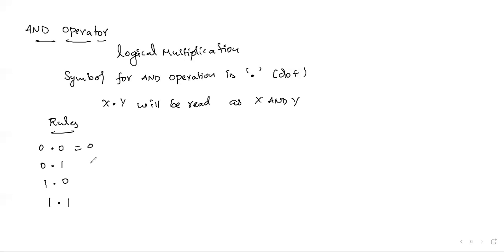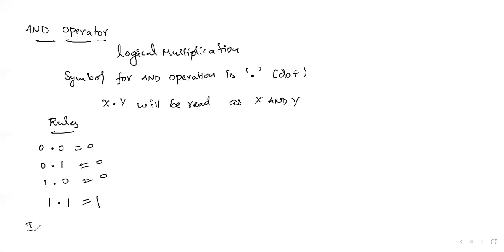So in these cases, here it will be 0, here also 0, here also 0. Sorry, the last case, 1 and 1, it is 1. 1 and 1 is 1. If both the cases are 1, the resultant will be true.